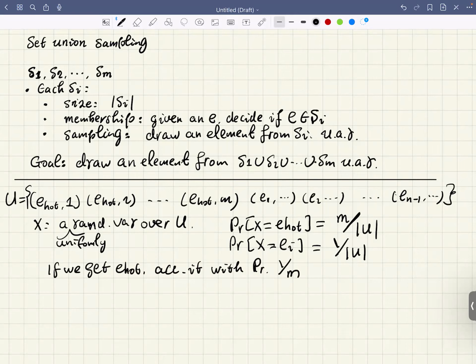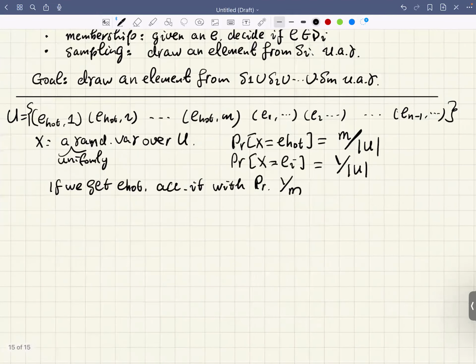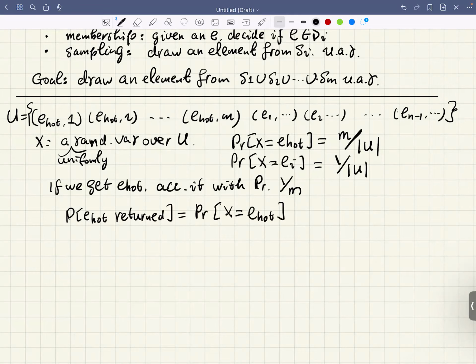Then you recalculate the probability for every element to get sampled. The probability that E hat is returned is the probability that X, as defined before, is E hat.